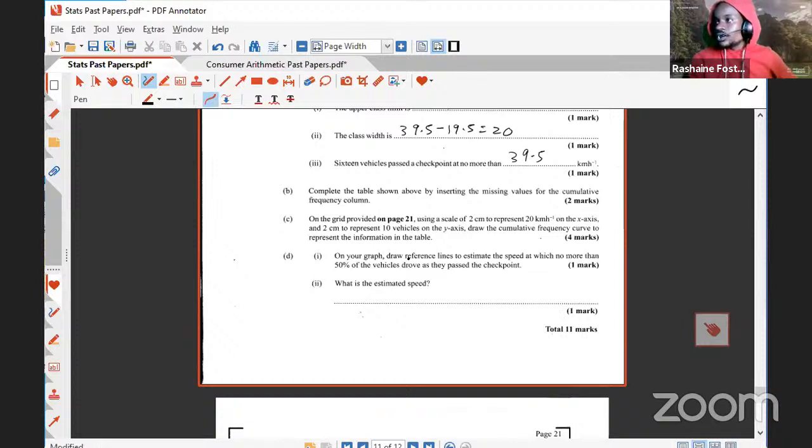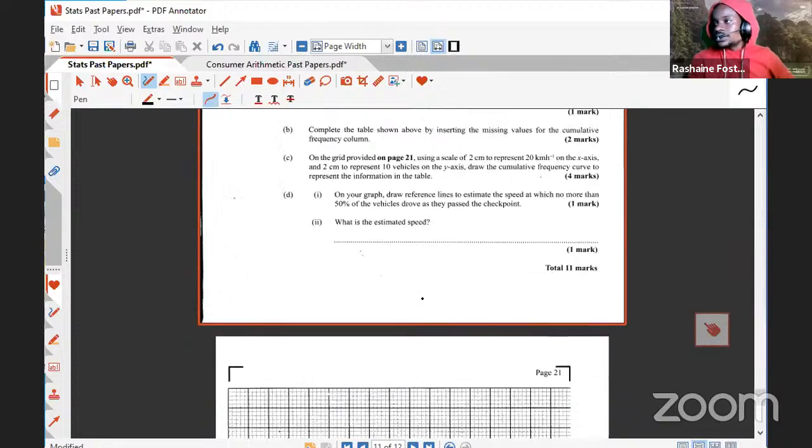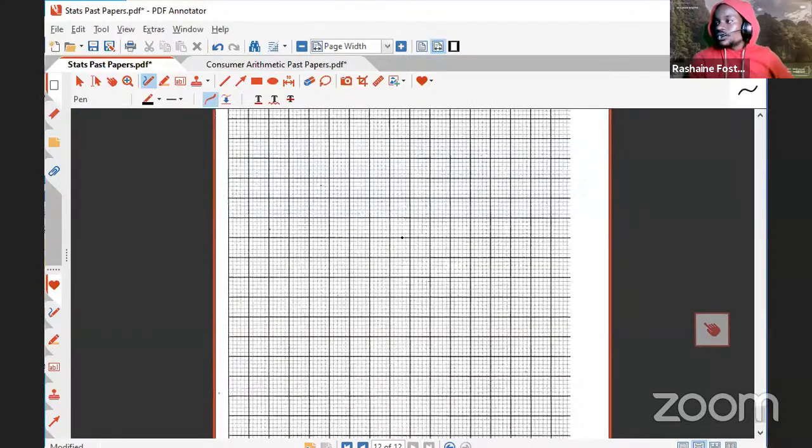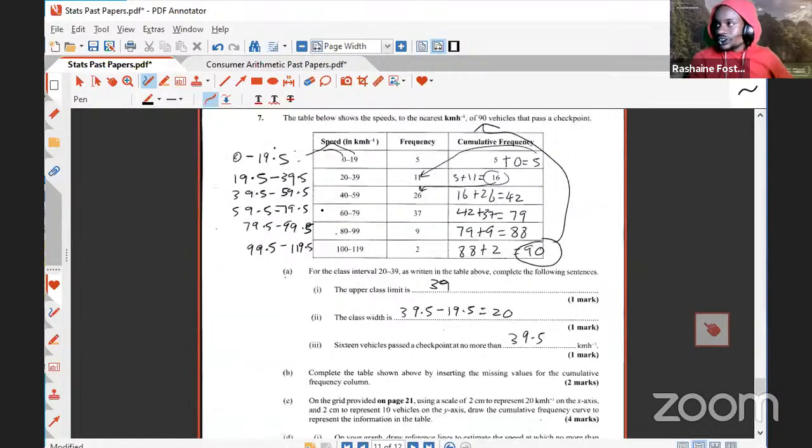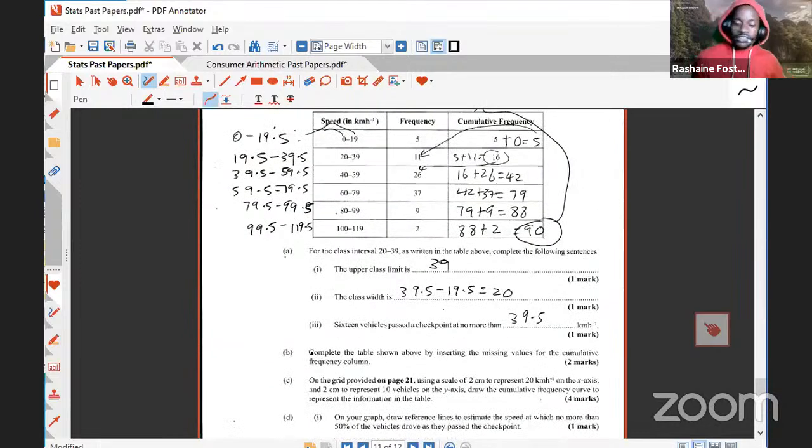On your graph, draw reference lines to estimate the speed at which no more than 50% of the vehicles drove as they passed the checkpoint. What is this estimated speed? I want you guys to try that for me, please. Here is our table. They want us to use the grid. So take your graph paper, and I'm going to give you 5 minutes to try that quickly.